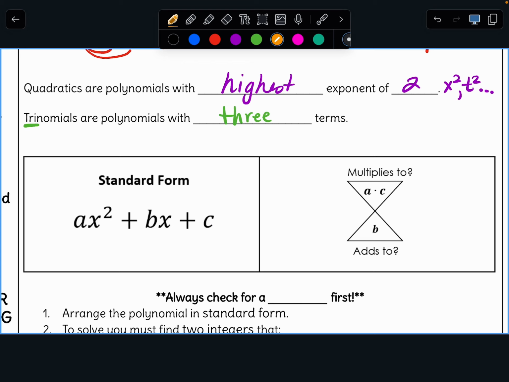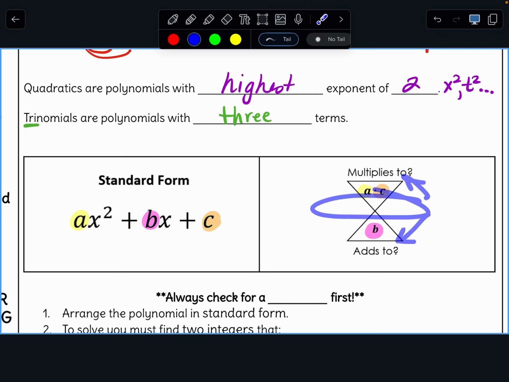Yesterday, we talked about how we make our x puzzles by multiplying a and c and finding those same factors that when we add them gives us b. So we're doing the same thing today. We're going to multiply the numbers in front of the x squared and the constant, and then we're going to make sure that the factors for that number can be added to equal b. So it's the same thing. I'm going to look for 2 numbers that multiply here and add here.